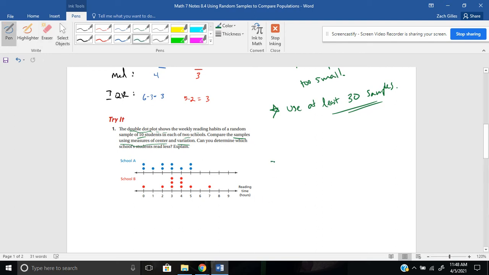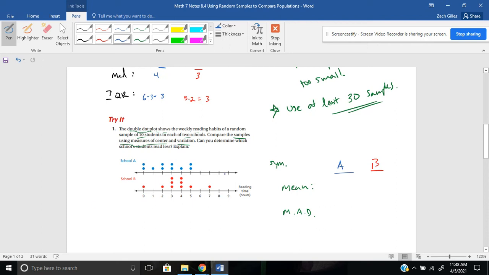So I'm going to use the mean and the mean absolute deviation for school A and for school B. And we'll compare our data, and then we can get at how much sample size we have.